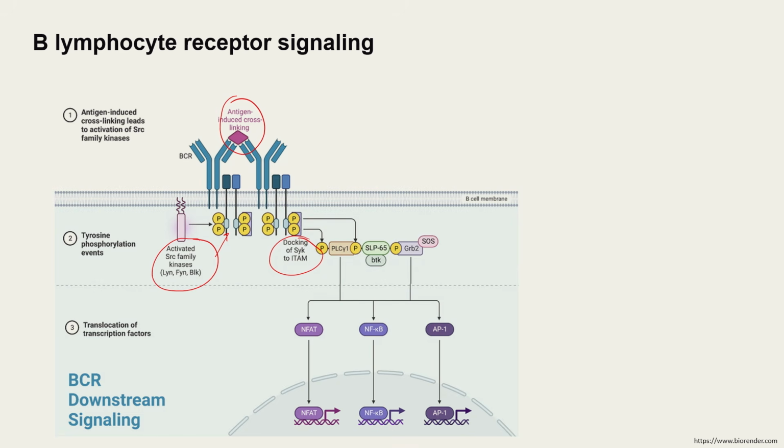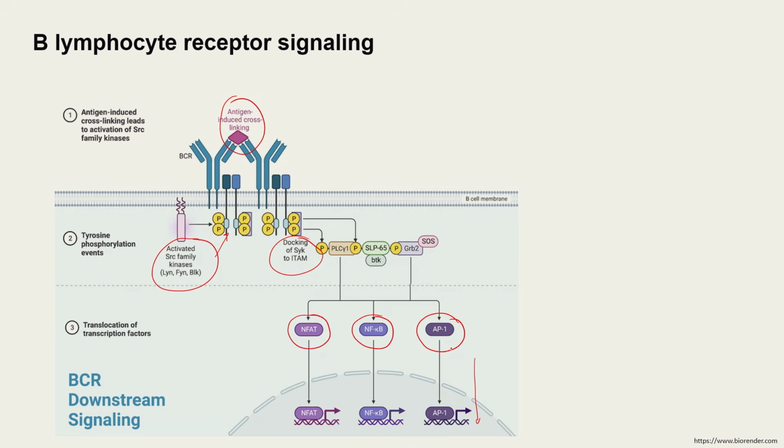And these can activate some of the important proteins such as nuclear factor of activated T cells, NFAT, nuclear factor kappa B, and there is another protein called AP1, which we will look into a little later. These are all transcription factors, and when we are talking about a transcription factor, their location is always inside the nucleus.